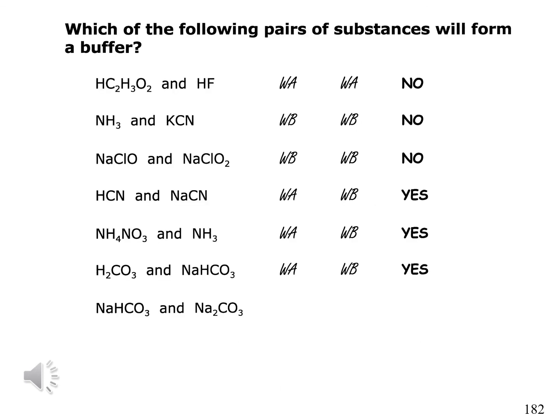So will you get a buffer if you mix HCO3- and CO3 2-? Yes, because HCO3- is an acid and CO3 2- is the conjugate base. But we're going to see that even though these are both buffers, they are definitely not the same buffer.